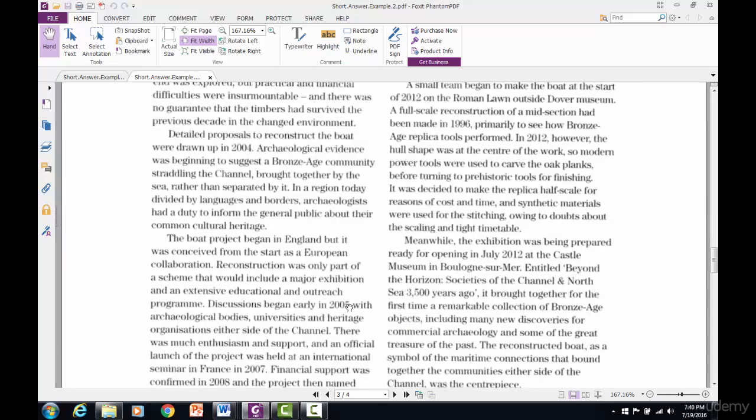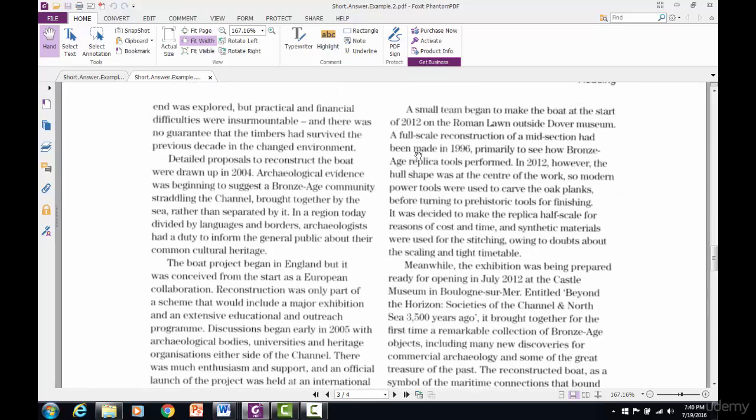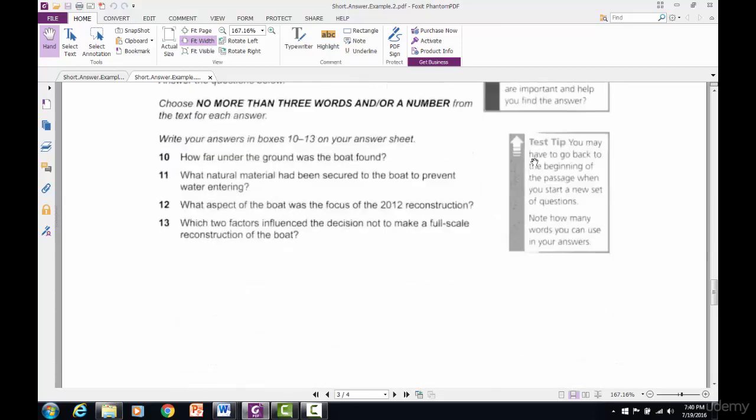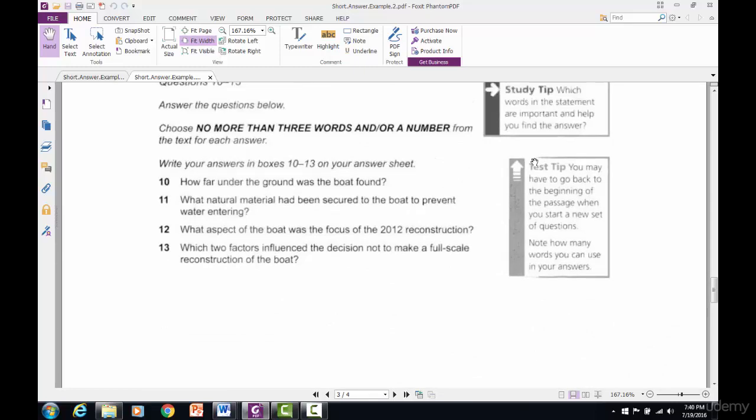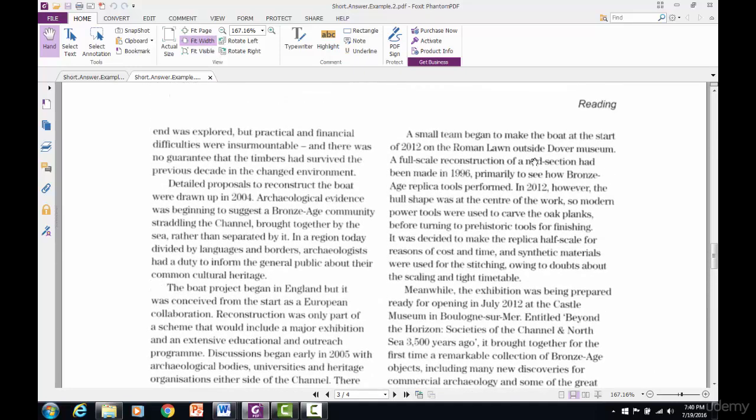All right, and here's 2012 over here, and here we have 2012. All right, so our question says, what aspect of the boat was the focus of the 2012 reconstruction? All right, so our answer is in this sentence right here, and I'll explain to you why.